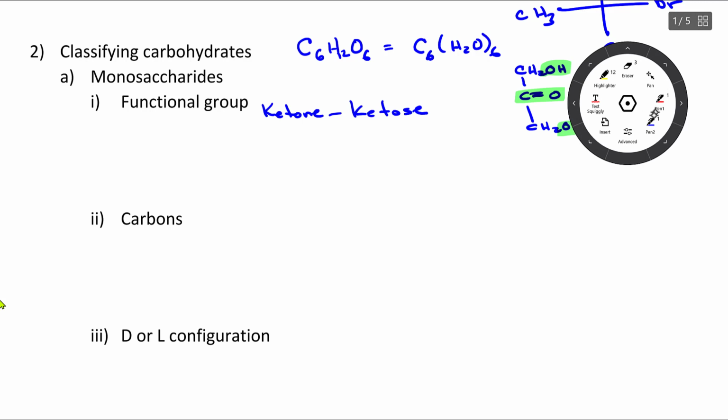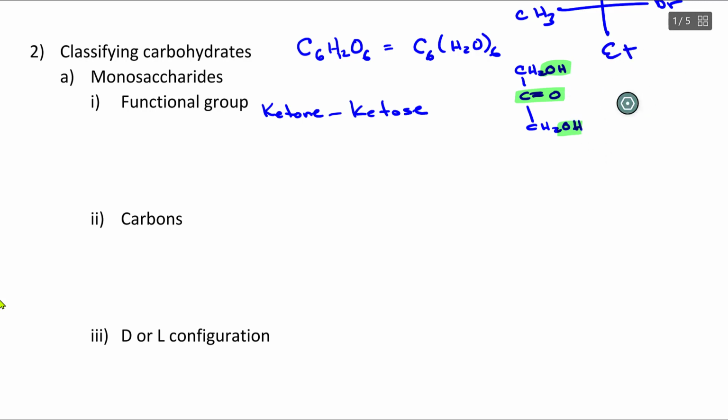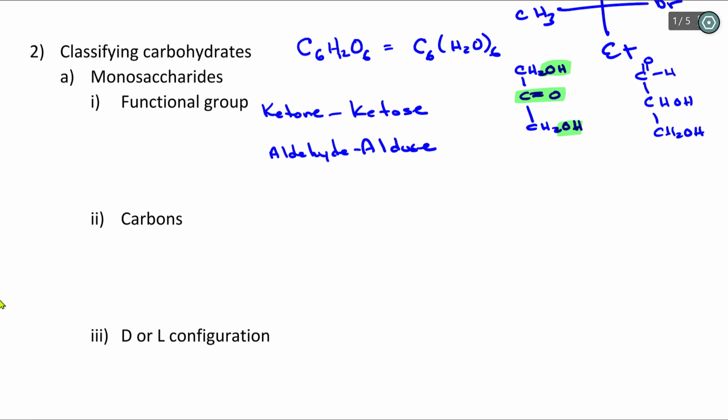Now, there's also aldehyde-containing sugars, and we'll call those aldoses. Aldose is for the sweet term. But aldoses contain an aldehyde functional group. And so a simple example of this, the smallest aldose that you can have, would have a CHOH and then a CH2OH, and then at the very top it has a C double bond O and an H. So it's an aldehyde functional group.